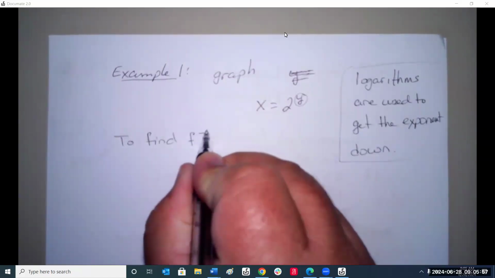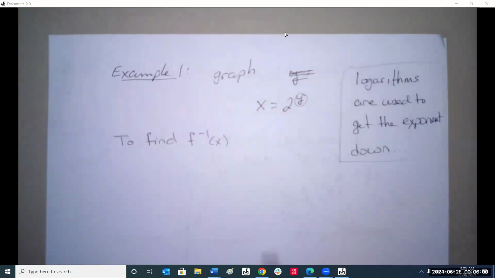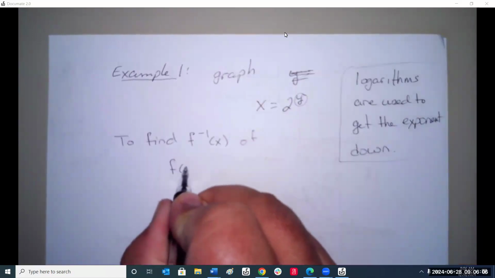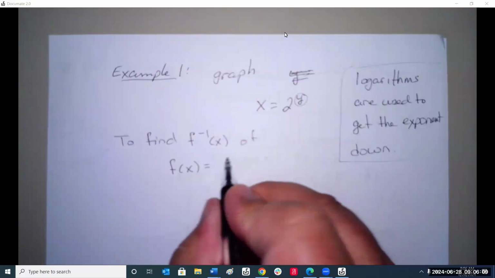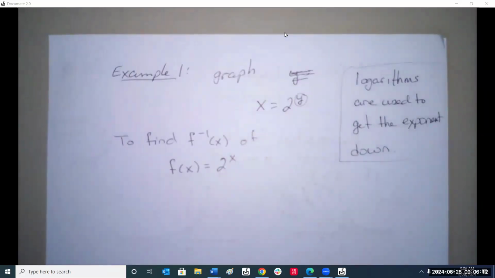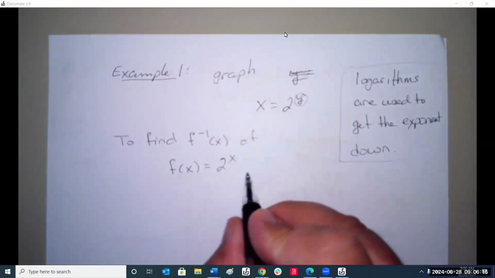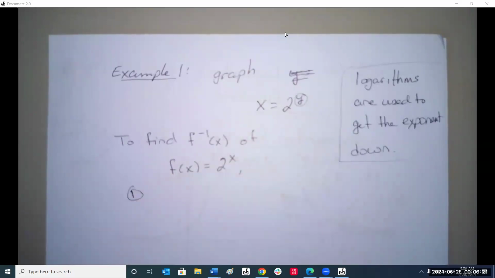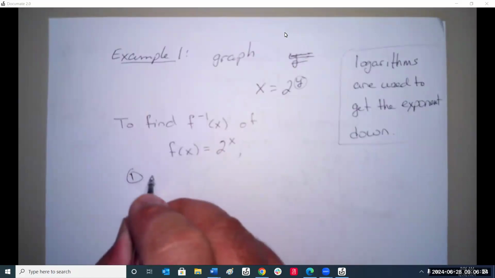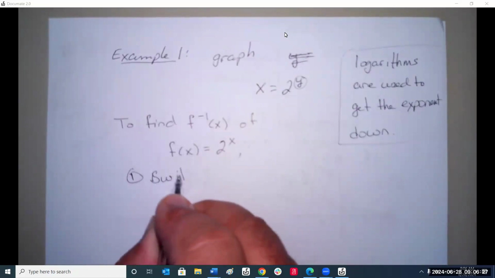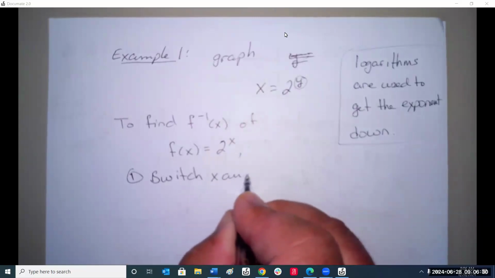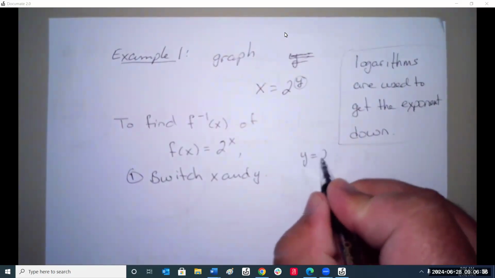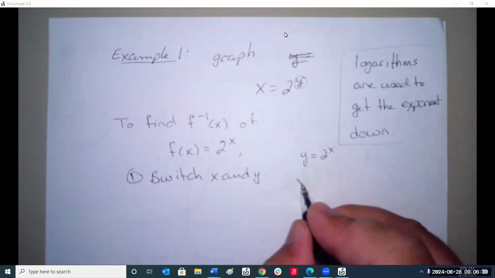To find the inverse function of f of x equals 2 to the x, here are the steps.